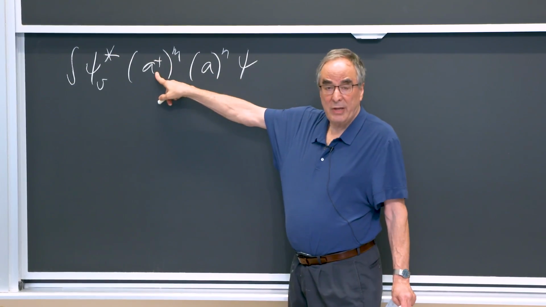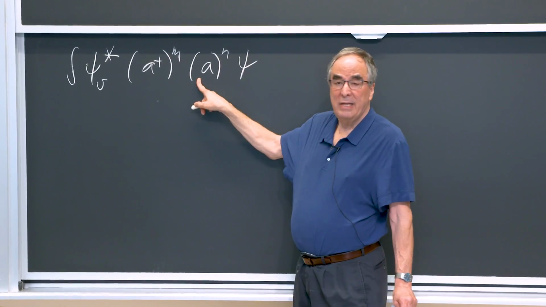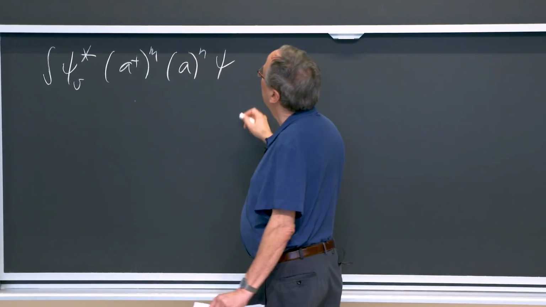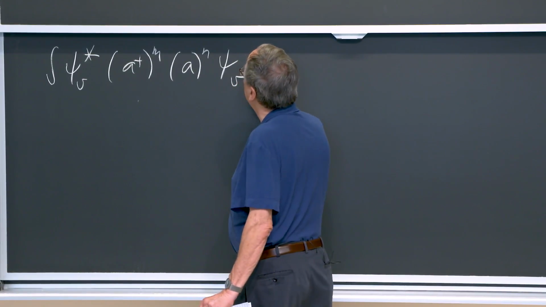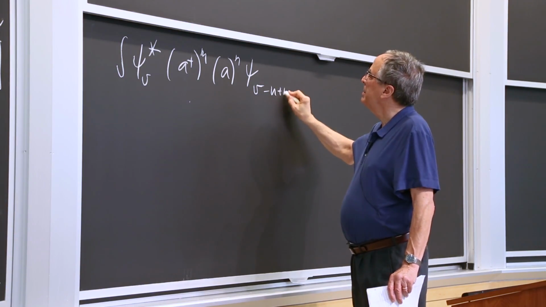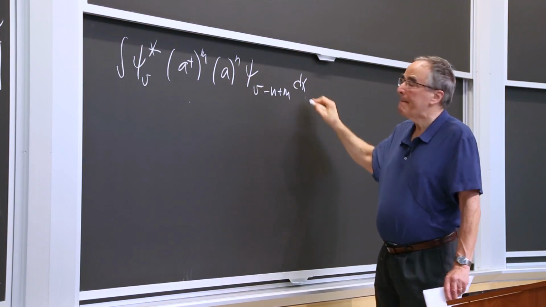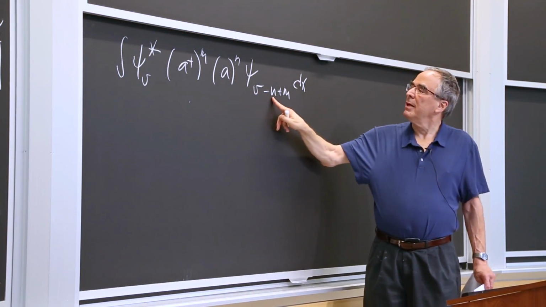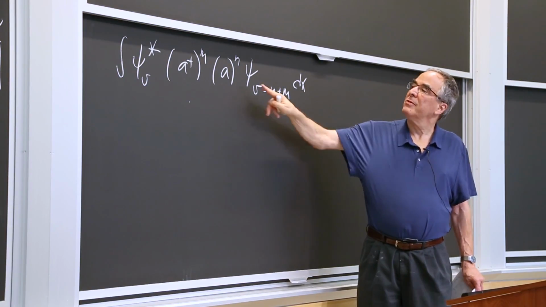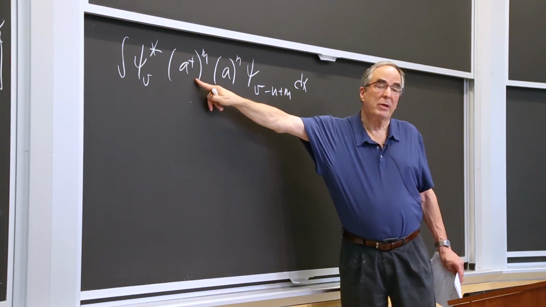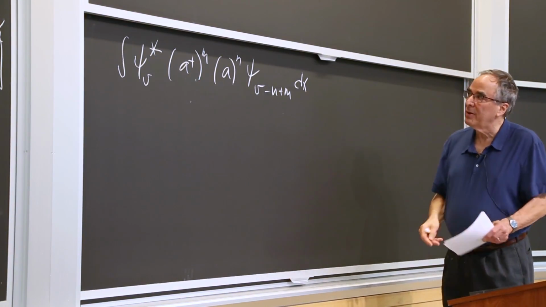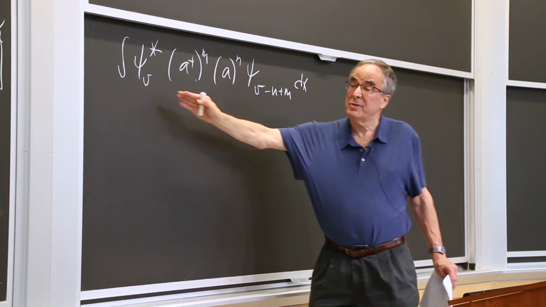We have A dagger to the m, and we have A to the n, and so that's going to be v minus n plus m, right? Because we lose n quanta because of this, and we gain m quanta because of that. Okay, and now, well, that's good. You've used the selection rule.